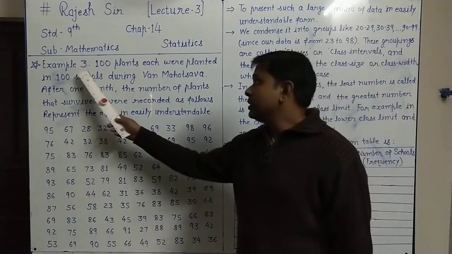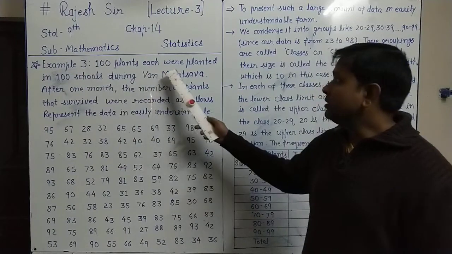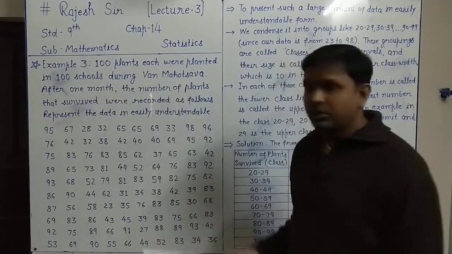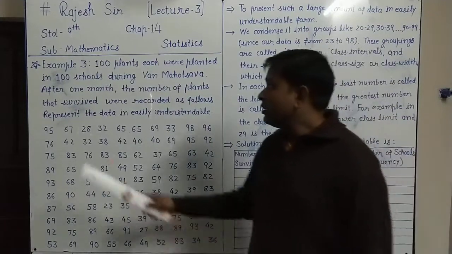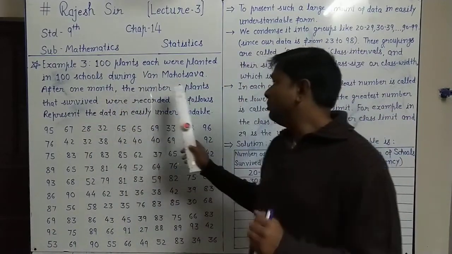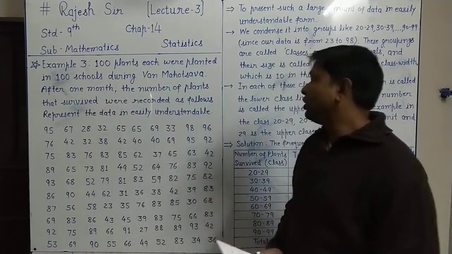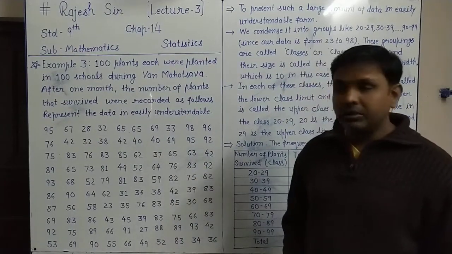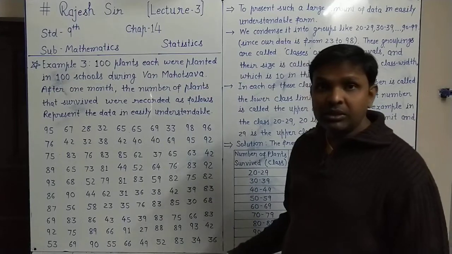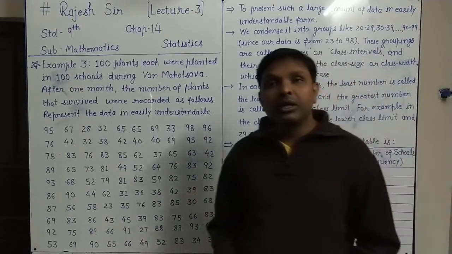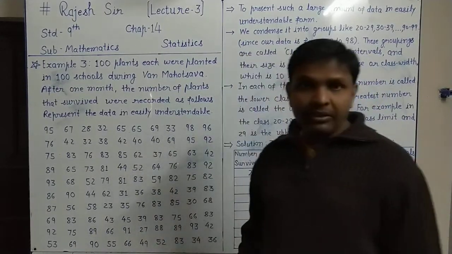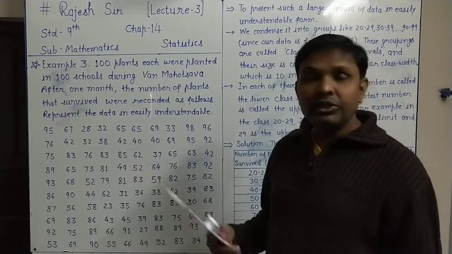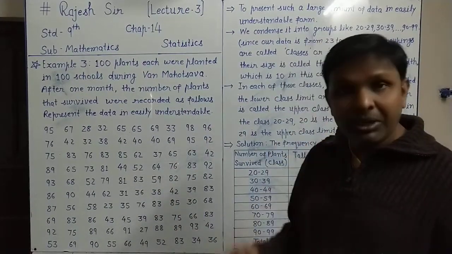It is example 3. 100 plants each were planted in 100 schools during one Mahotsav. After 1 month, the number of plants that survived were recorded as follows. So there are 100 schools, and in each of the schools a total of 100 plants were planted.